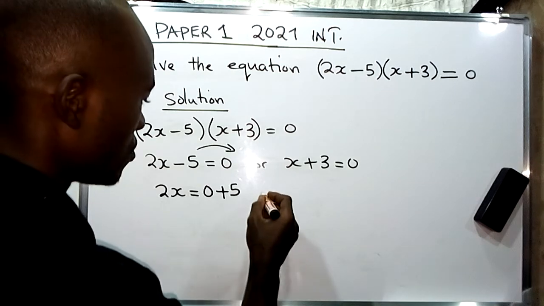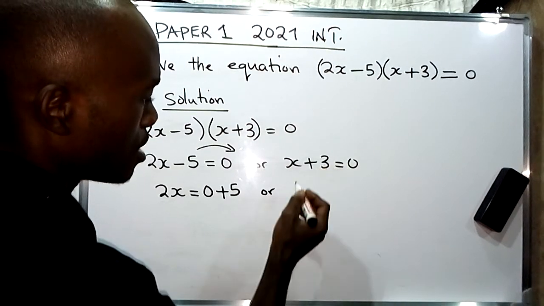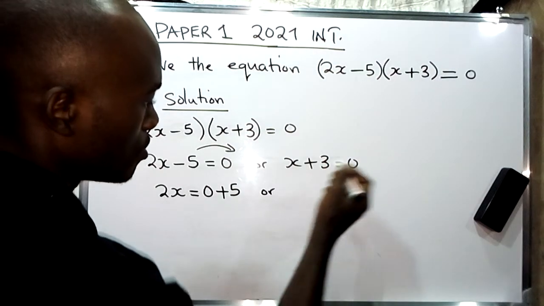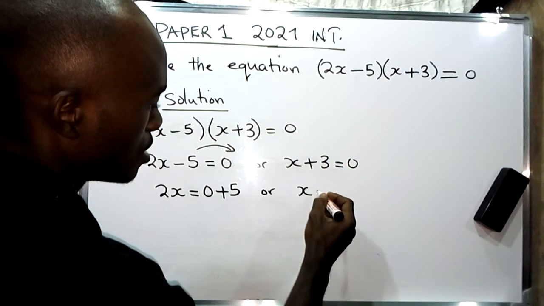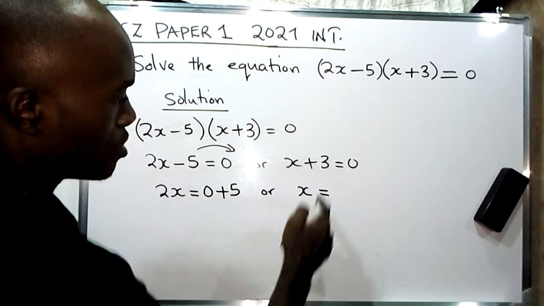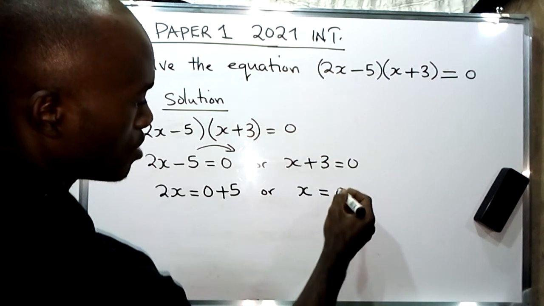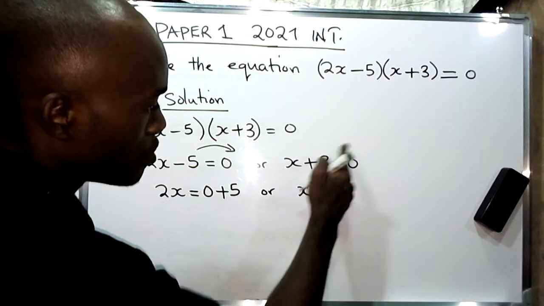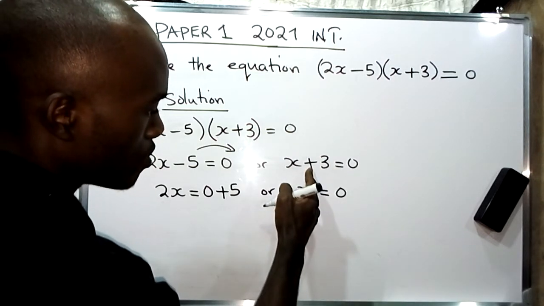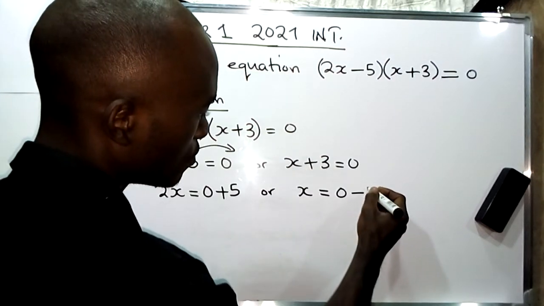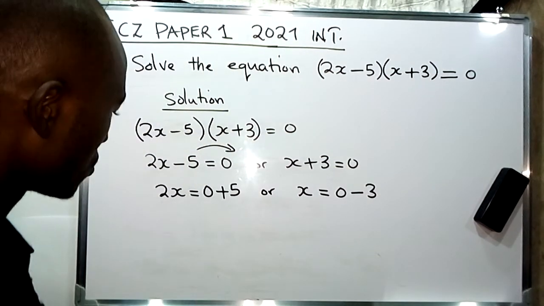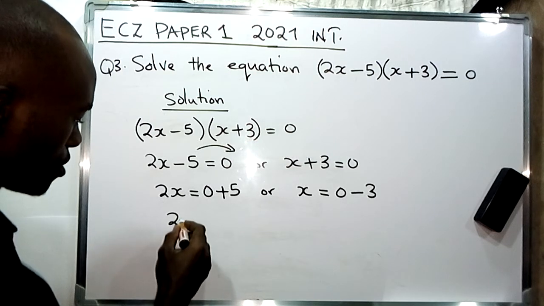Let's do the same to this one here. These two are not like terms, so we take the 3 to the other side, so it will be x = 0, and this is positive, so when it crosses the equal sign it changes from positive to negative, so it will be negative 3.